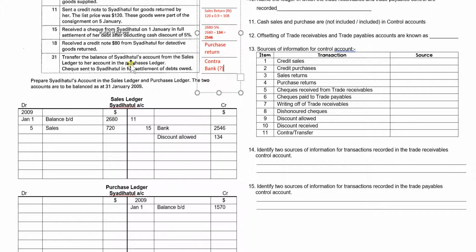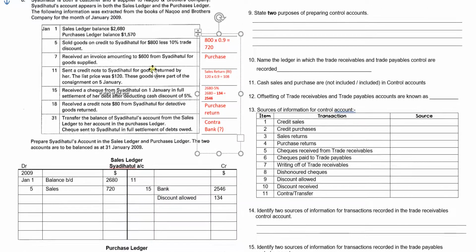That's why for this question it's a little bit difficult, because you need to interpret the entries and understand it. This also goes back to the source document. So you read here, for example, receive a credit note from Shadi Hatu for defective goods return. Is it she returned to you or you return to her? That's why you must be very clear about this.